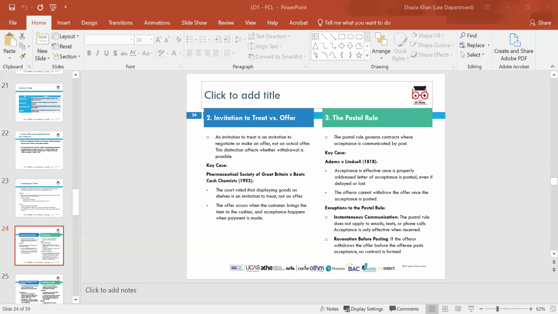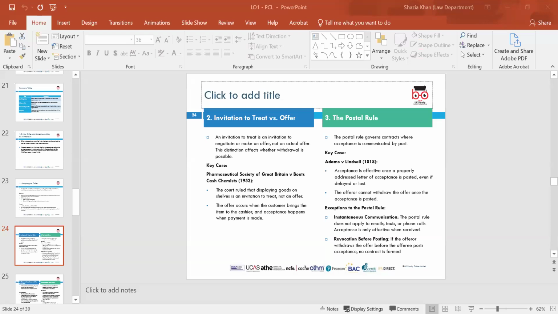While the postal rule originated when letters were the primary method of communication, its relevance persists in specific circumstances. Today, businesses often rely on instantaneous communication, such as email, messaging apps, and video conferencing. In this case, the general rule of communication applies: acceptance must be communicated to and received by the offerer to be accepted.